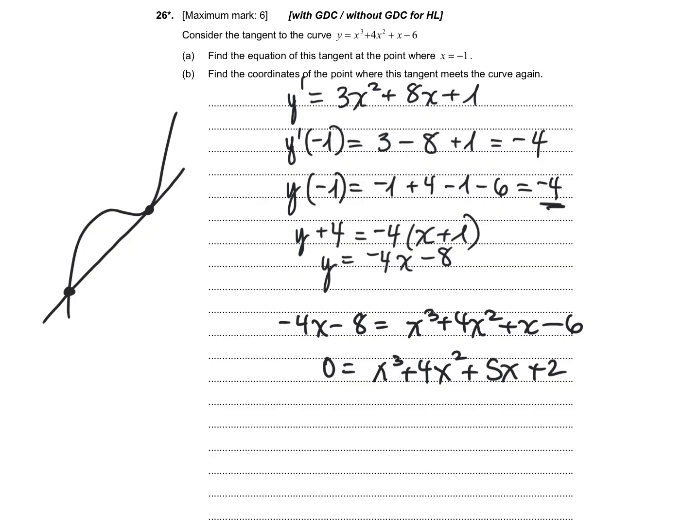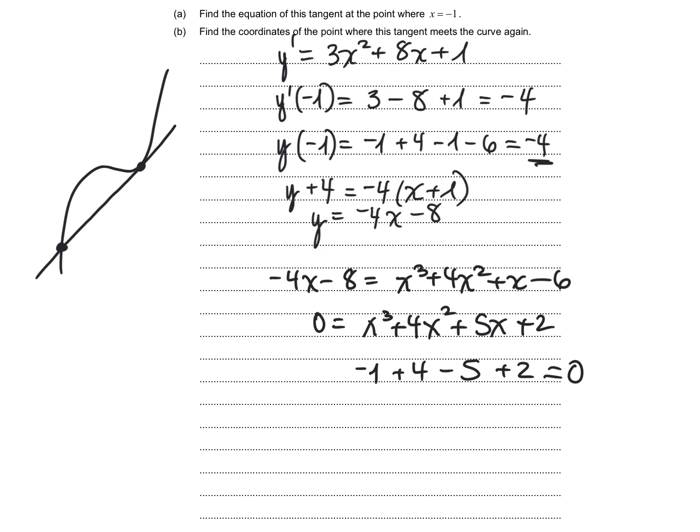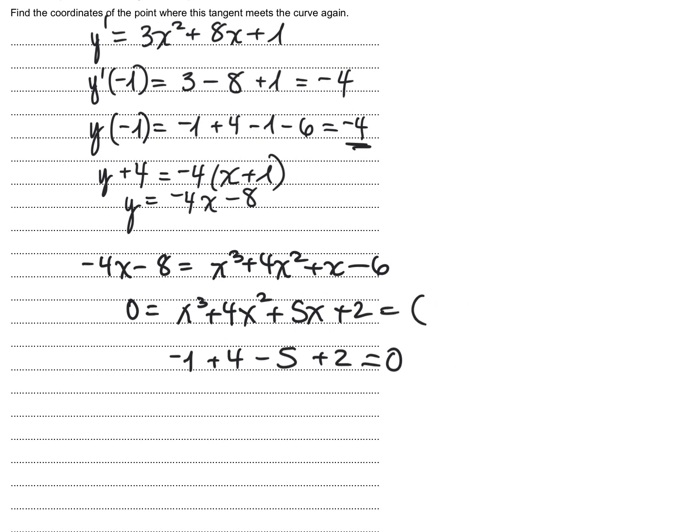So if we do just 1 in, that's going to be 1 plus 4, which is 5, plus 5, which is 10, so 12, not a 0. Okay, so if we do -1, that's going to be -1 plus 4 minus 5 plus 2. That's 0. Okay, I'm just guessing. It's usually like 1, -1, 2, -2, something like that. So this thing factors to x plus 1 because of the -1.